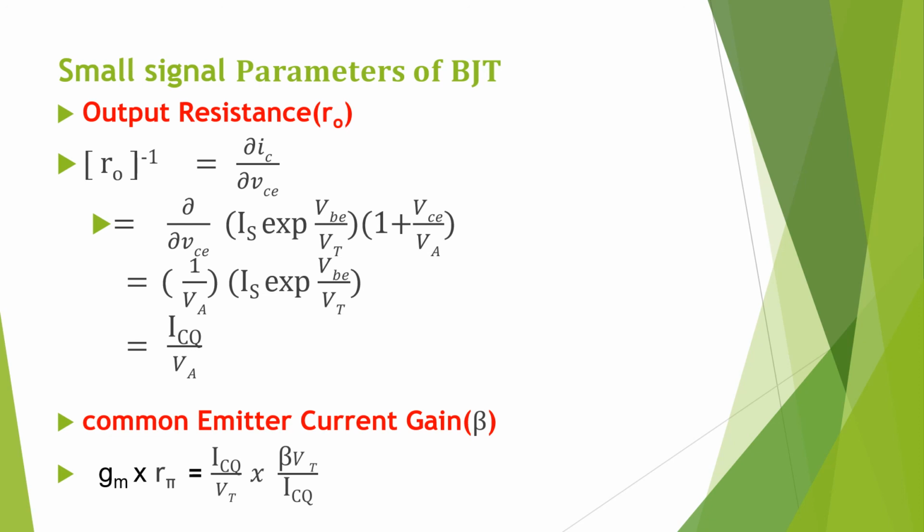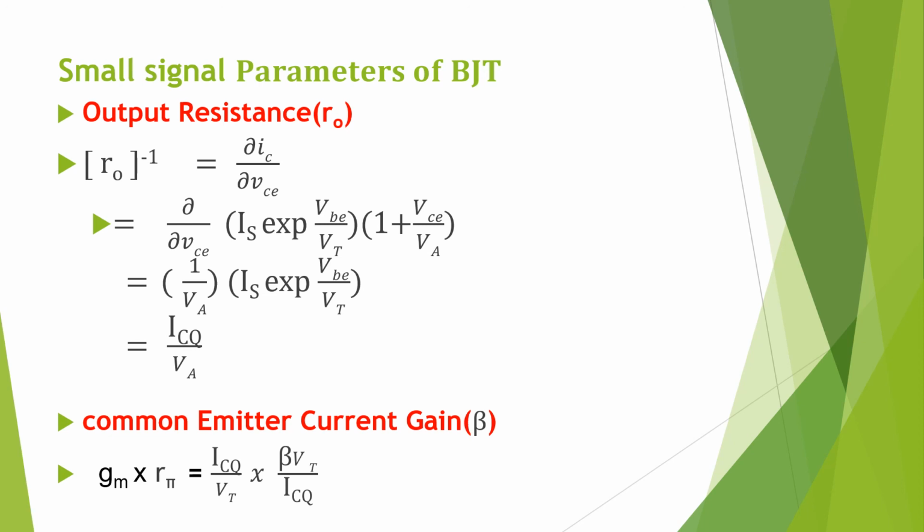But why have we included the second term, 1 plus VCE by VA? This indicates that we have included the early effect. What is meant by early effect? As we all know, to operate the BJT in active mode, the base and emitter should be forward biased and the base and collector should be reverse biased.